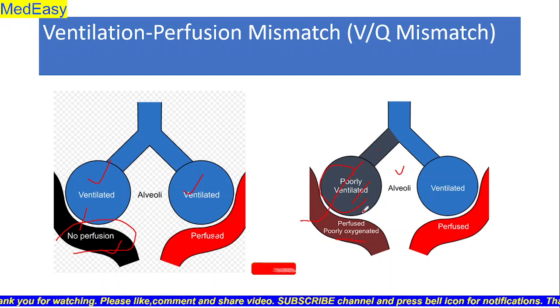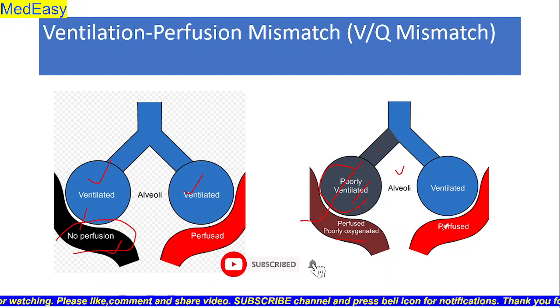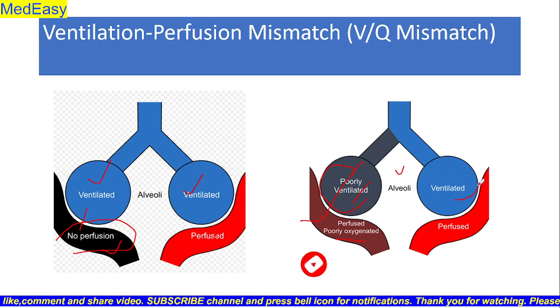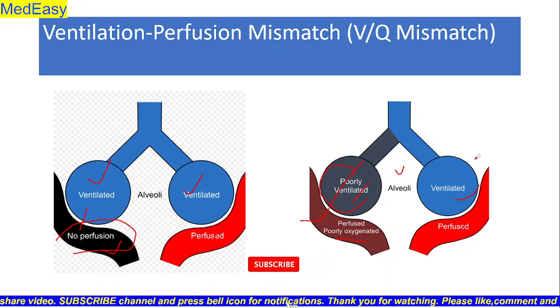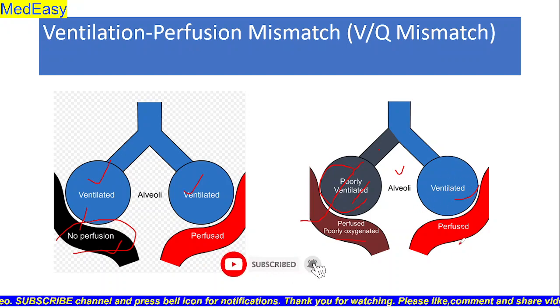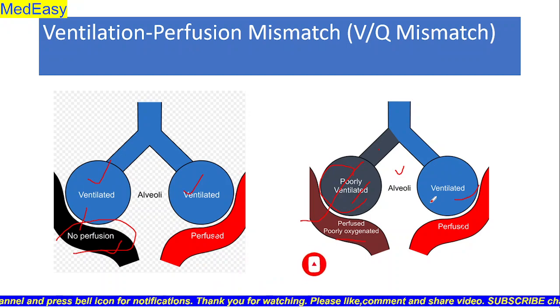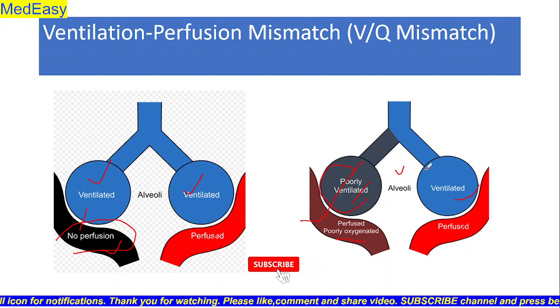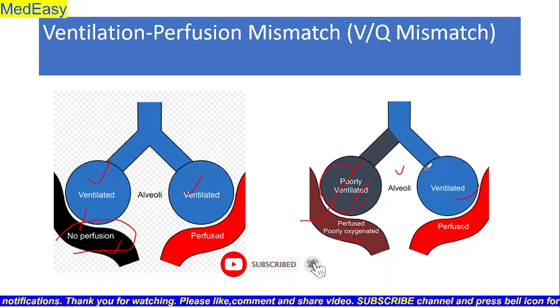Clear? So, these are the conditions where there will be ventilation-perfusion mismatch. But on the right hand side you can see this is well ventilated and well perfused. So, here the ventilation-perfusion ratio will be almost equal because the blood coming to this part is well ventilated, because this alveolus is working fine. Alright. So, this is how ventilation-perfusion mismatch happens.